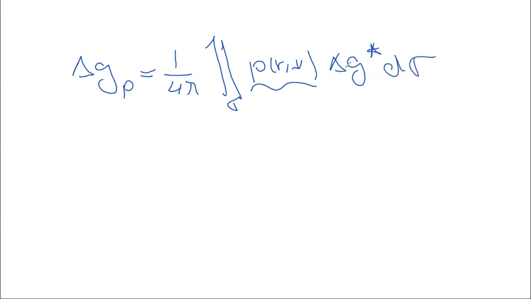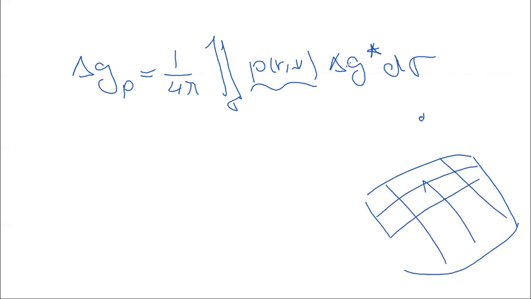So I have one point here, and here is the area of delta G star for all points. And what I have is gravity up.